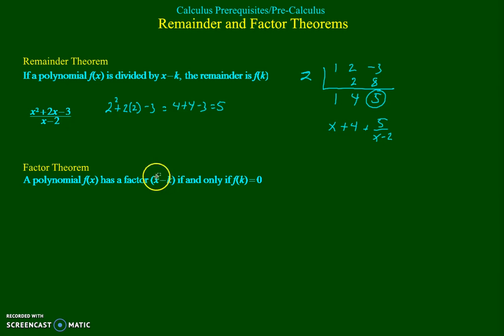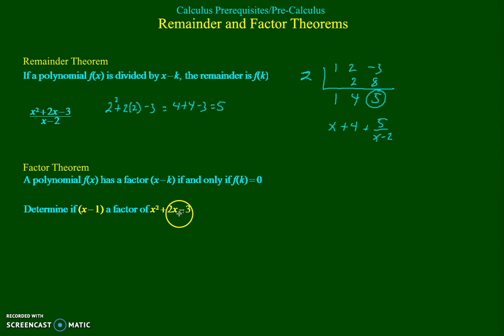So let's take a look at this same expression, x squared plus 2x minus 3, and divided by x minus 1. So we want to determine if x minus 1 is a factor of x squared plus 2x minus 3.